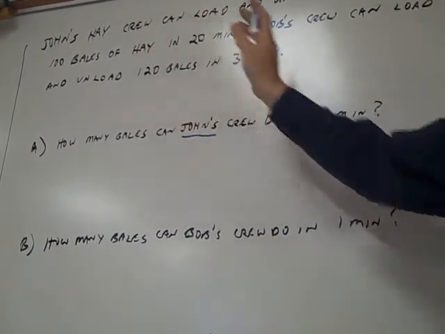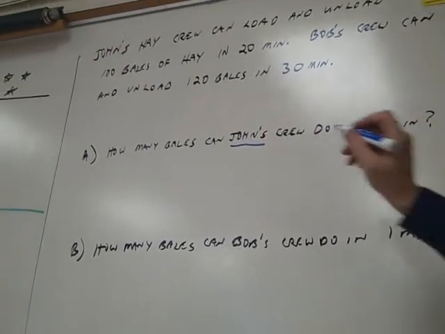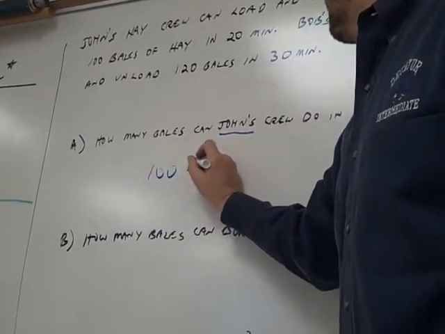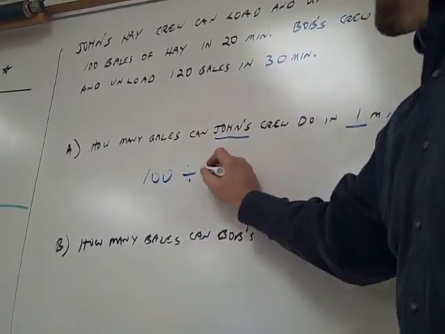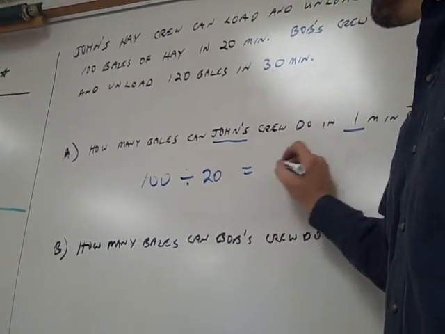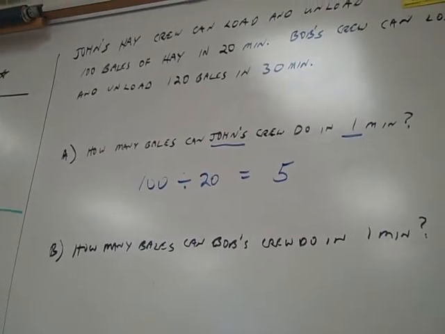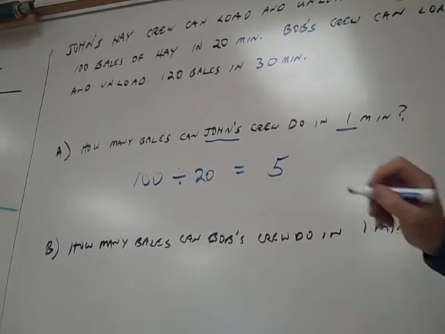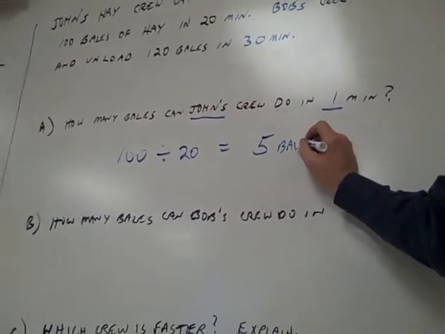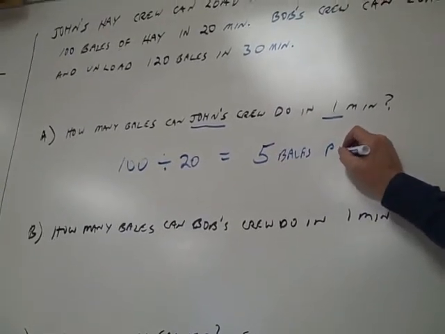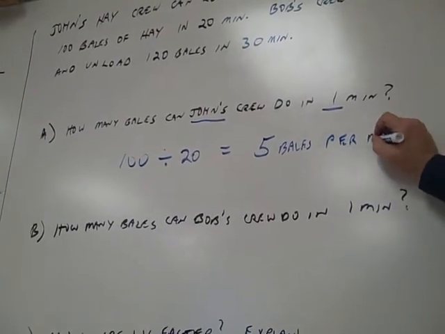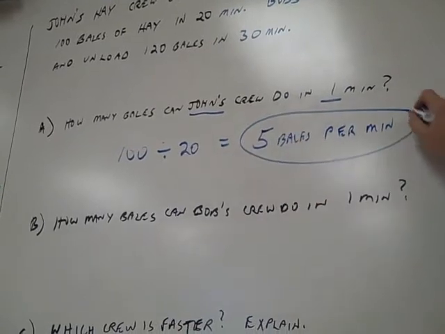So find John's info up there. 100 divided by 20 gives us 5. 5 what? 5 bales per 1 minute, or per minute.